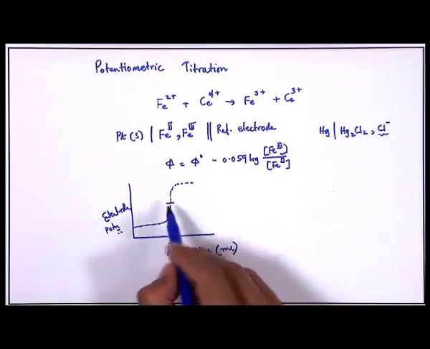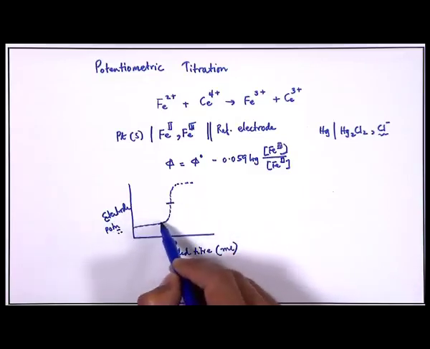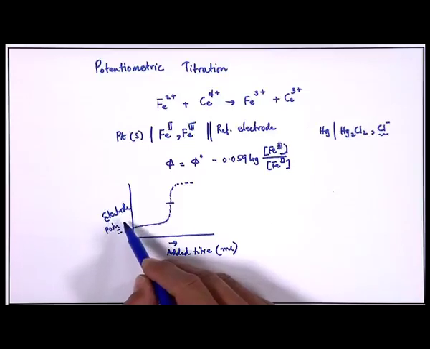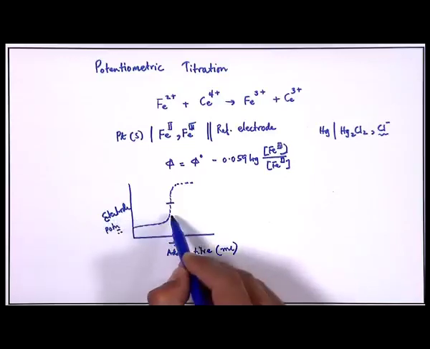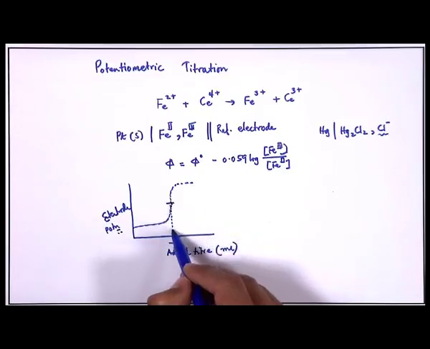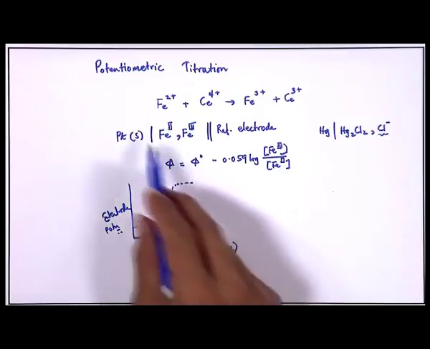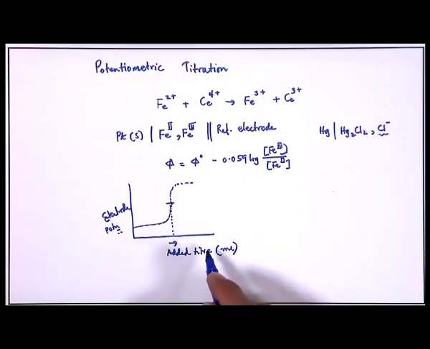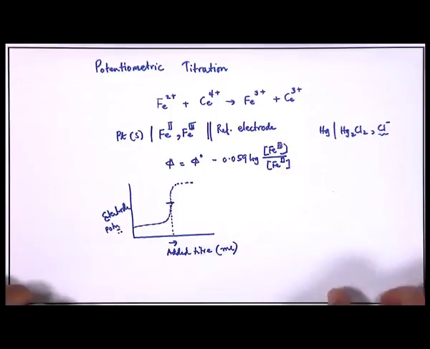This way you can follow the potential of the cell, and by which you can find out the equivalence point. So, this is another important application of this EMF measurement.